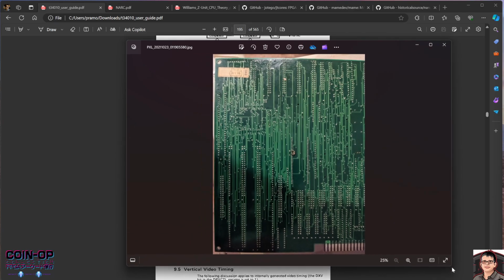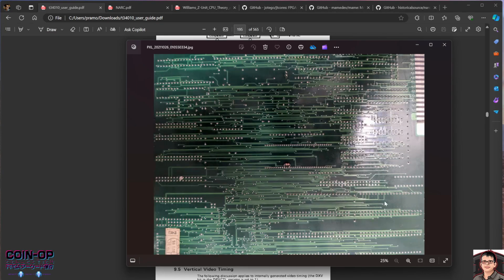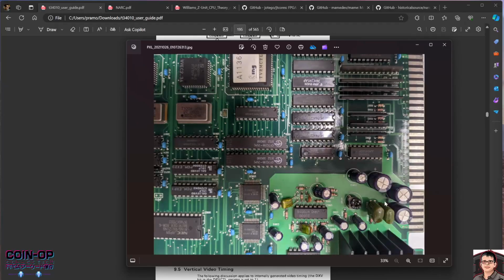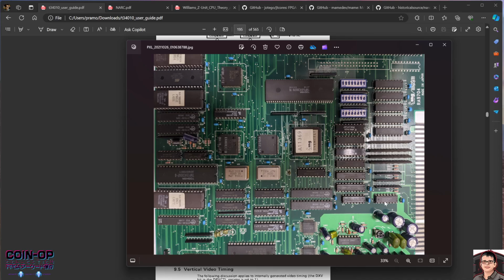This is a collection of photos that I have. So I take really detailed photos of the board, pretty much every aspect of it, just to see that the component labels are marked, and that the components and any markings on them are visible, and any local traces that they go through.